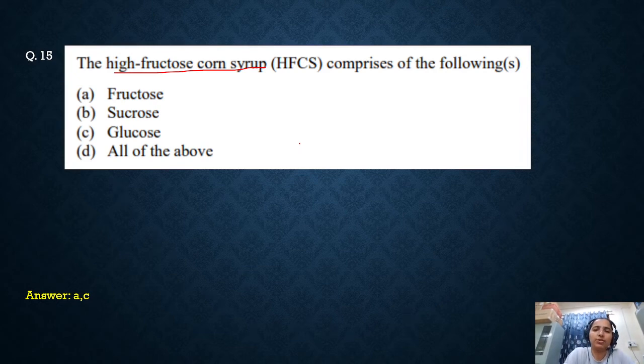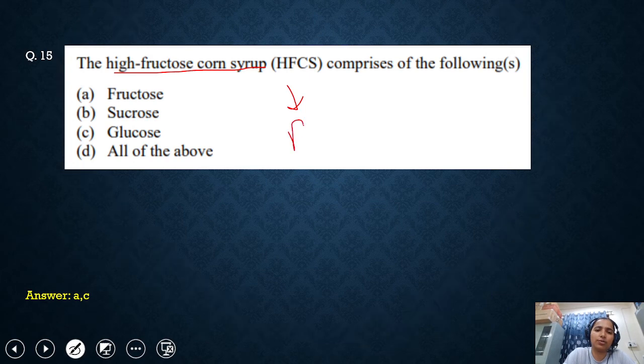So this high fructose corn syrup contains both fructose and glucose. Both these sugars are present in this.